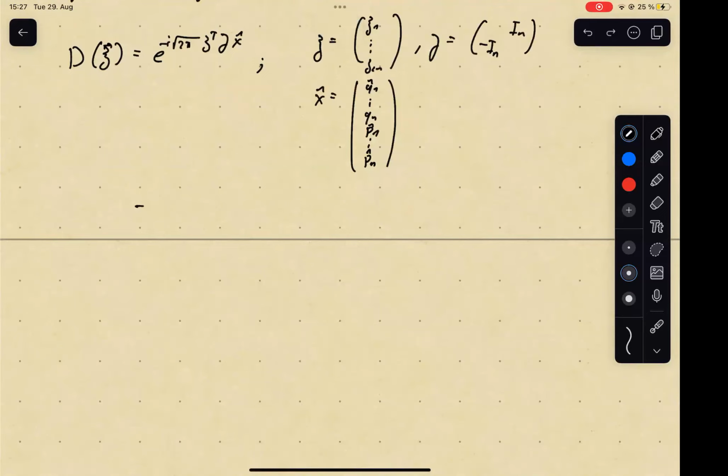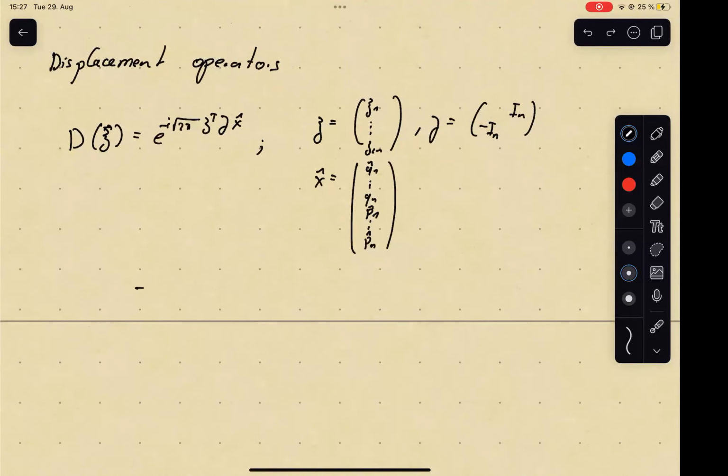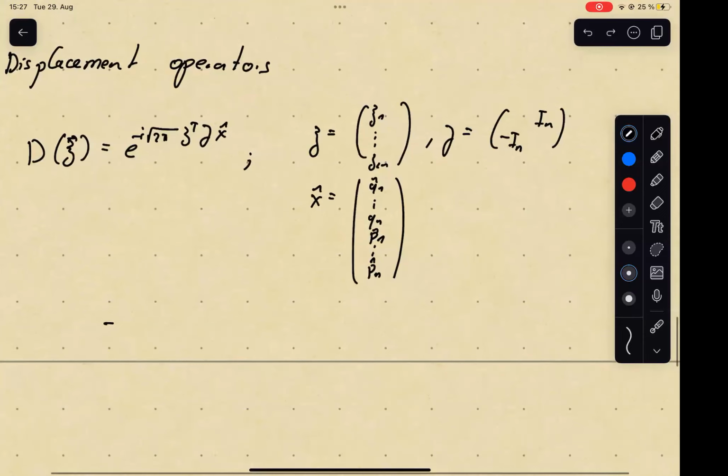Okay. So now what I'm doing is I'm going to generalize what we just did. What we just did was we defined operators that had this exponential form. We have some linear function in quadrature operators. So how does this look?